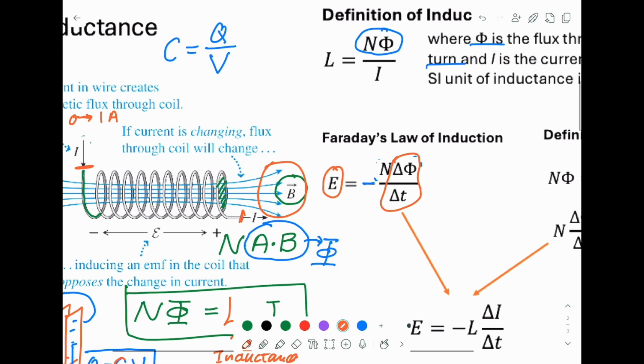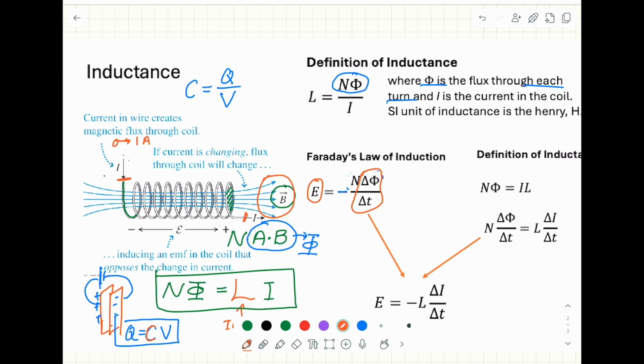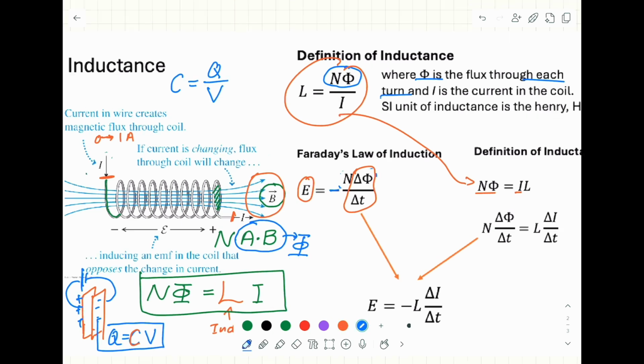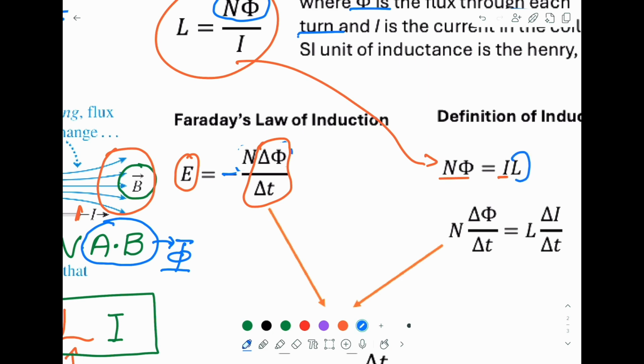If we combine this with our definition, of course, we can change this to this format. Again, the magnetic flux is proportional to I, and the proportional constant is L. This is the definition of inductance.